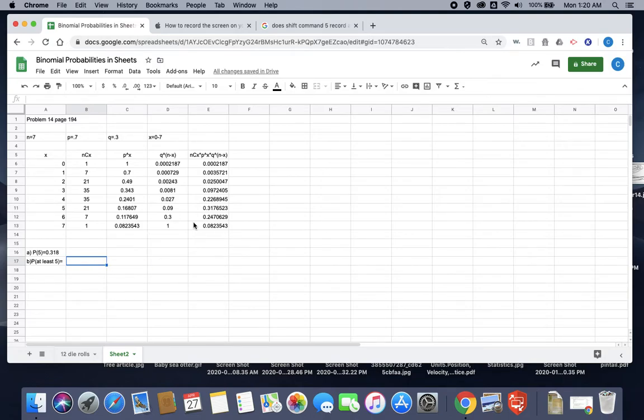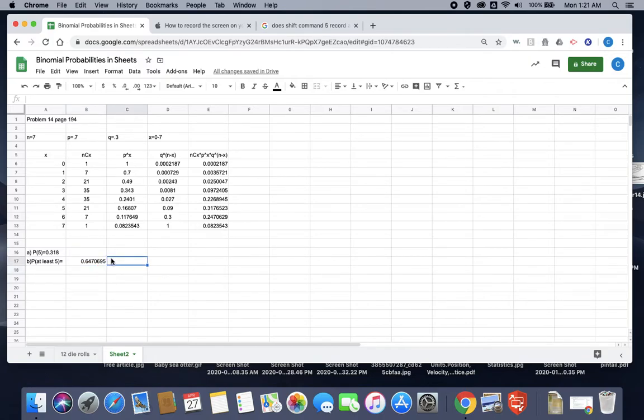Now, when we stop and think about it, at least 5 surgeries are successful means 5 is an acceptable, 6 is an acceptable, and 7 are all acceptable outcomes. So to make this easy on ourselves, we're just going to do a sum of those 1, 2, 3 probabilities. And we get 0.647, which is the correct answer.